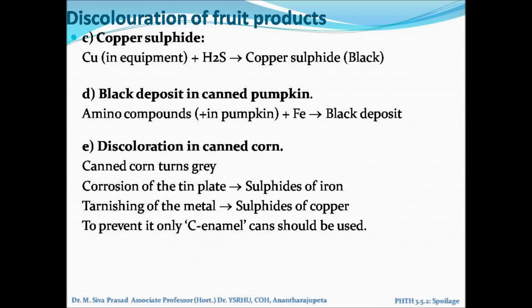So the color of the corn will become gray. To prevent that, we need to use cans which are C enamel. C enamels have a coating inside the cans which prevents them from turning gray in color.